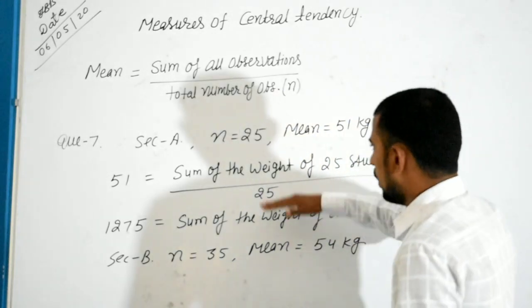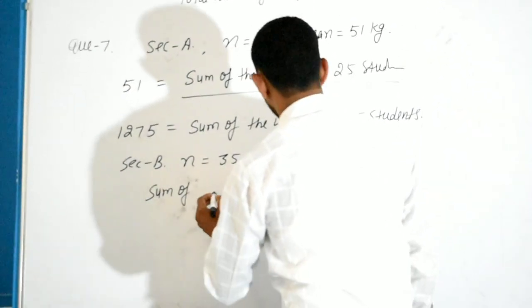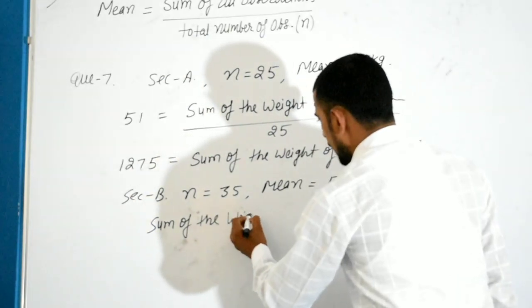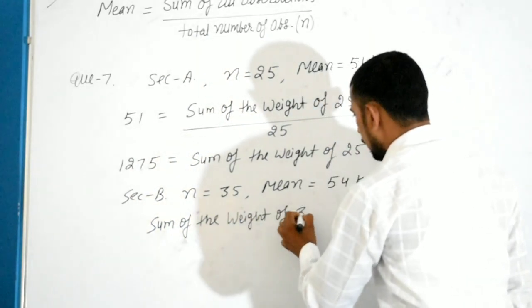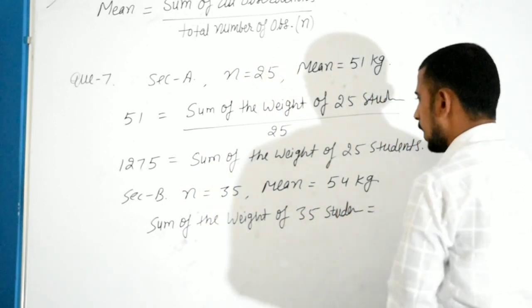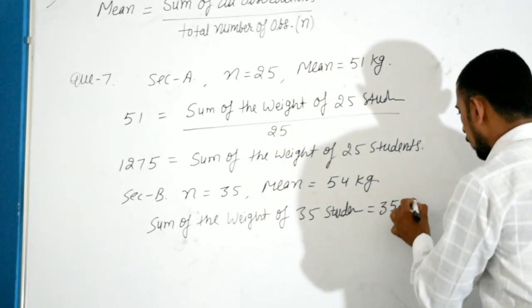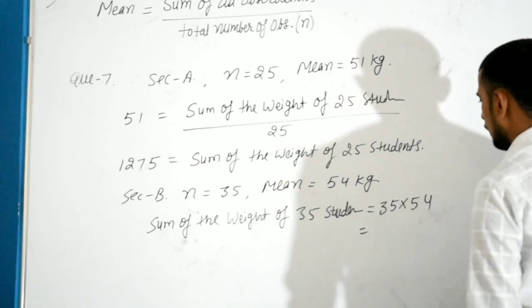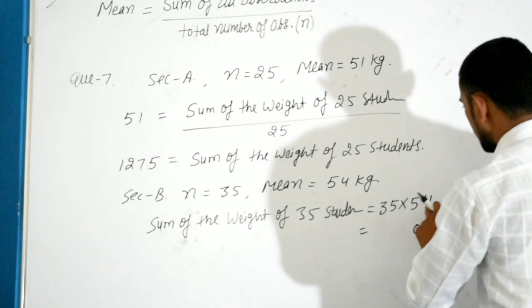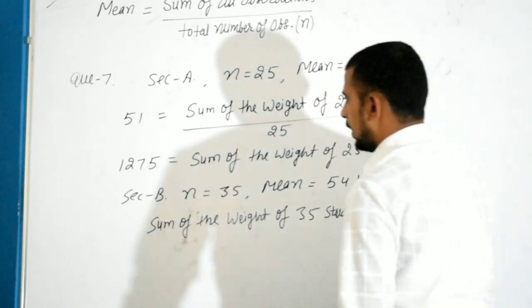Now similarly, you can find the sum of the weights of 35 students, which is 35 into 54. Then 35 times 4 is 140, 0 carry 14, 35 times 5 is 175 plus 14 is 189, so 1890 kg.